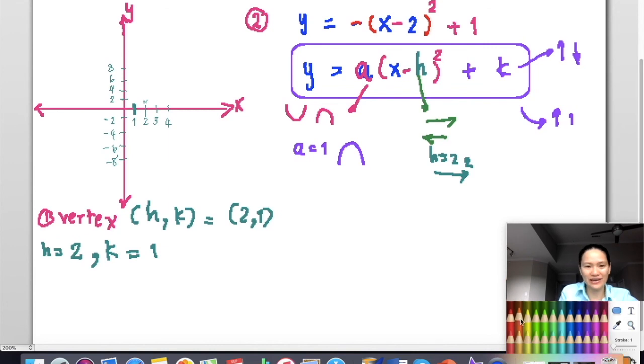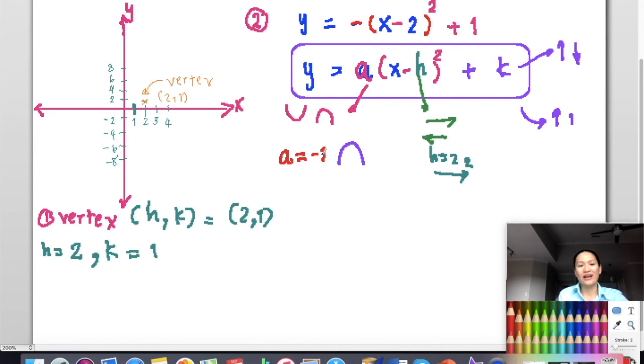Our vertex is here, and it's named (2, 1). Sorry about this one, from the question, we found that A is negative 1, so that means our graph is going to be inverted.